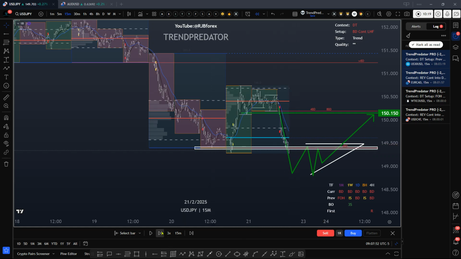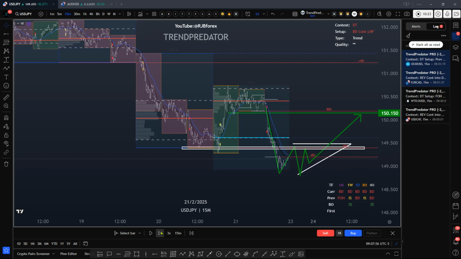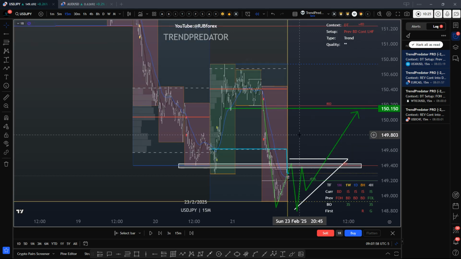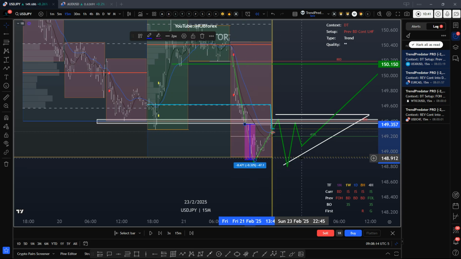So if you've taken that, whatever your entry criteria is, there is an opportunity. If you're a day trader, that's enough movement to make money. Okay, there's, what was that, 50 pips or thereabouts. So plenty of room to make money in that.